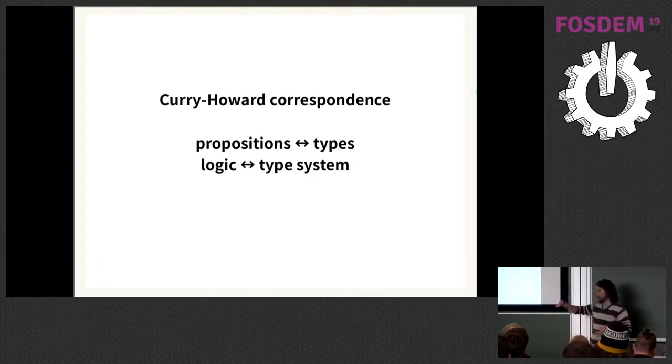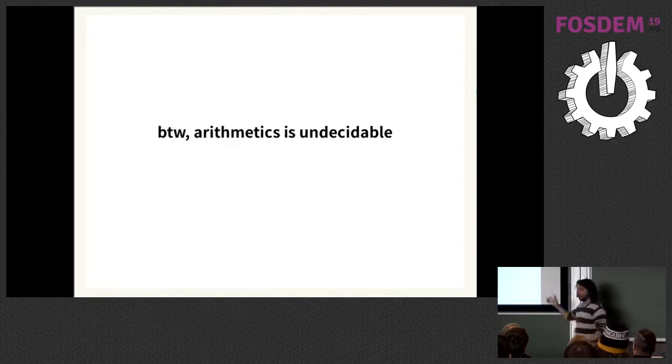So first order logic, second order logic, and those things. And by the way, since the 50s, we know that arithmetics is proven undecidable in logic. So if you can have a type checker that knows all of arithmetics.